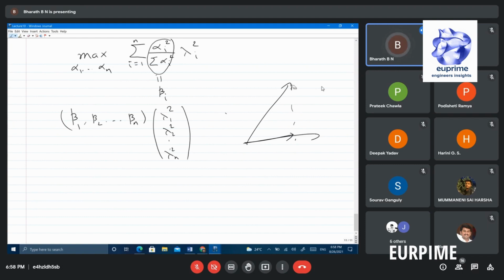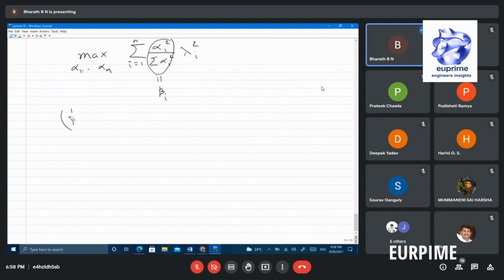Okay, so let me, I think you don't even need this. This is good. It's an important information, but see, if I choose alpha 1 equal to 1 and all others 0, definitely this is less than lambda 1 squared, right? You can never be larger than lambda 1 squared because I'm multiplying each lambda I squared by a number less than 1, right? I'm adding them.